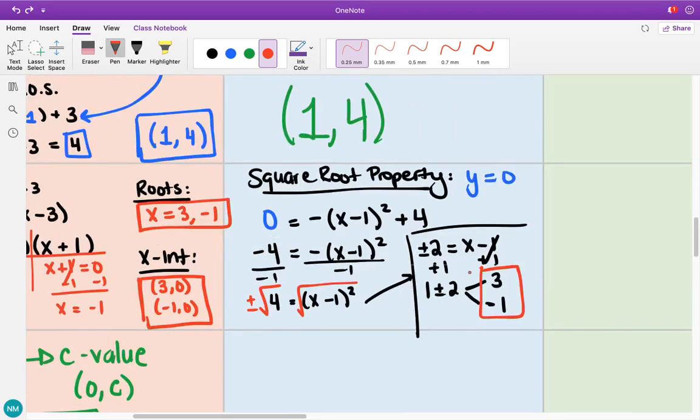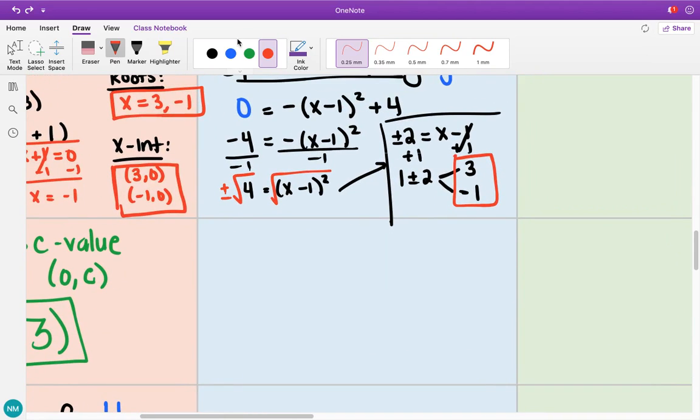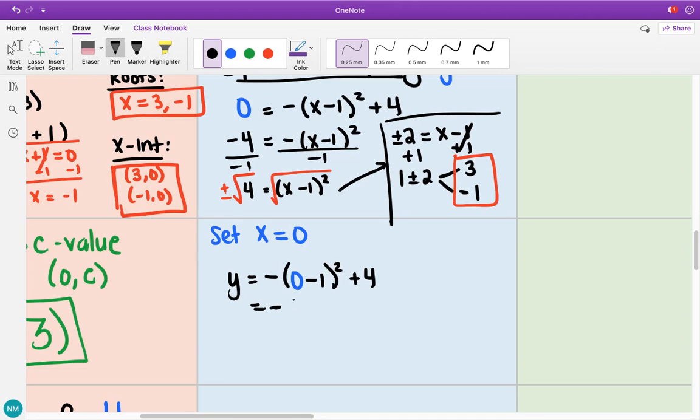Next, we need to find the y-intercept. Now, the y-intercept, you just set x equal to 0. So I have y equals negative (0 minus 1) squared plus 4. So I get 0 minus 1 is -1, squared, plus 4.